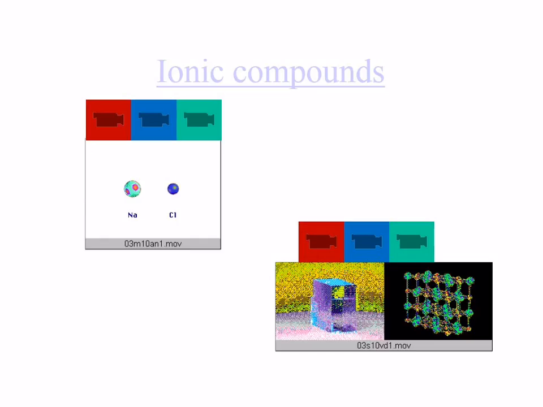I could circle this as a formula unit, and this, and this. They're all stuck together in what we call a crystalline lattice structure. It's very organized. We'll look at the first part of this video.